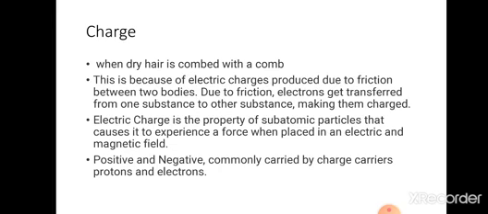So, understood the concept of why you heard the crackling sound? That is because of the electric charges produced due to friction between the two bodies. And due to friction, electrons get transferred from one substance to another, making them charged.